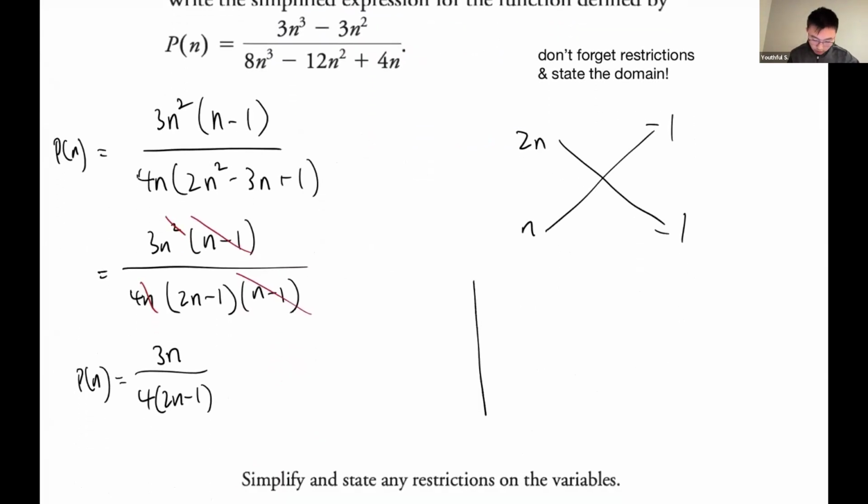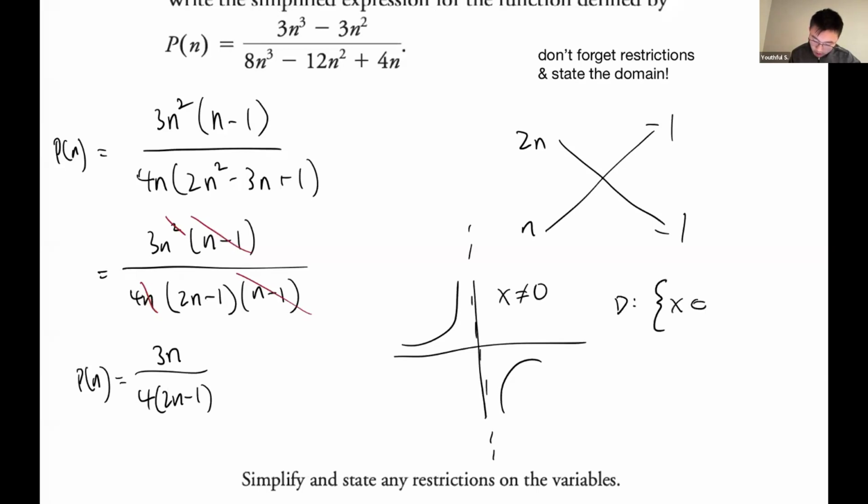If you remember for the reciprocal functions, like something like this, there's a vertical asymptote, where there is just no x value of 0, right? x cannot equal 0. And remember that in our domain, we said x is real, and we also said that x cannot be equal to 0. So that's basically what a restriction is. An asymptote is one of them.